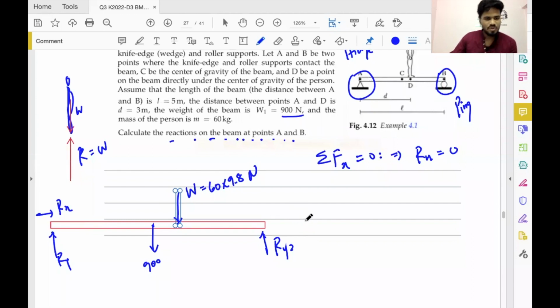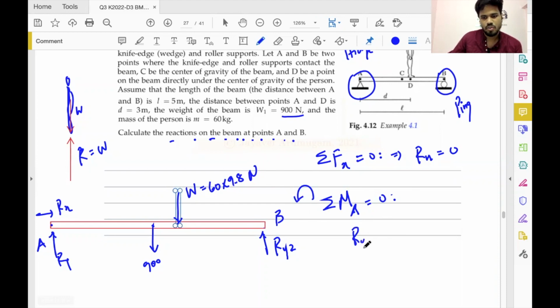Then we know we can find the moment equilibrium either about point A or point B will involve only one unknown. So either about this point or about that point, you could find one of the forces. Let me write it about point A. This is 0. Let's also give a direction. Counterclockwise is positive.